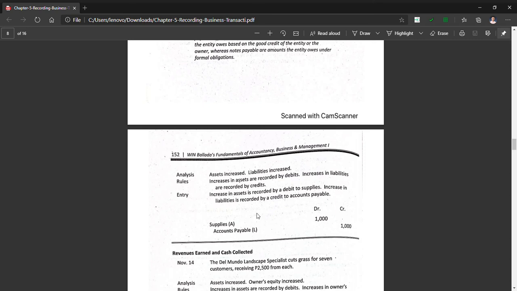Right? We debit supplies kasi nag-increase ang asset natin. So, that is a debit. Increase in asset. 1,000. Tapos, we credit accounts payable kasi utang nga. Okay? Utang. Hindi naman tayo nag-issue ng promissory note. So, accounts lang siya, hindi notes payable. So, we credit accounts payable 1,000. Credit siya kasi tumaas ang utang. Tumaas ang liability.